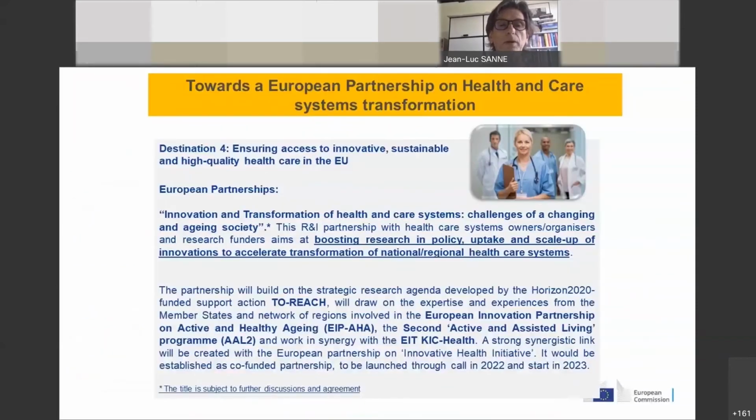Another partnership of major interest, I think, for personalized medicine is the partnership on healthcare systems transformation. It's part of a destination. I didn't mention that in each cluster, because I said that in pillar 2 you have 6 clusters, and in each cluster you have, in fact, destinations that are areas of major impact.